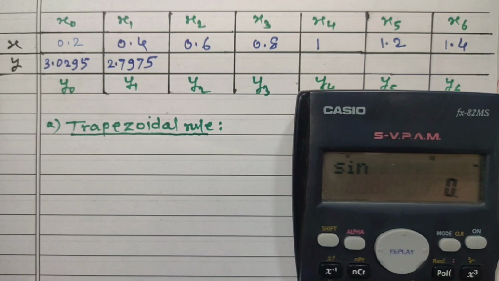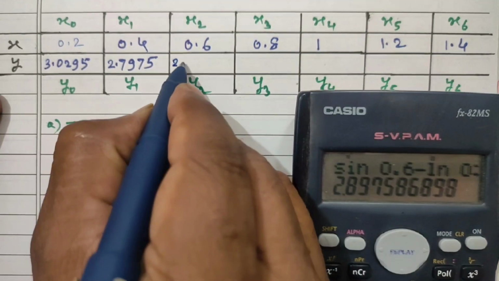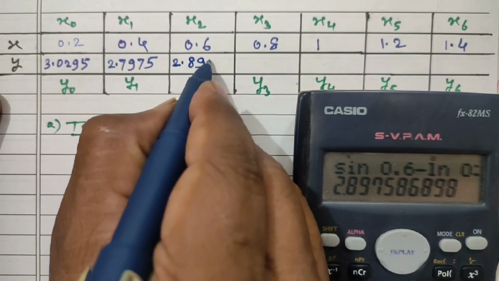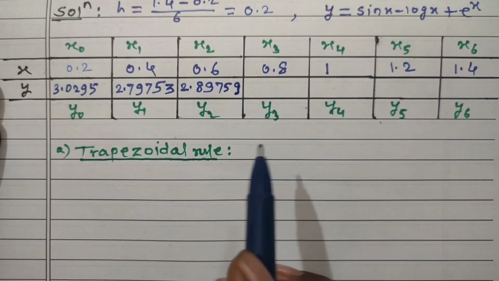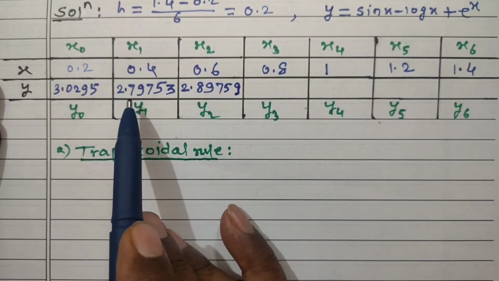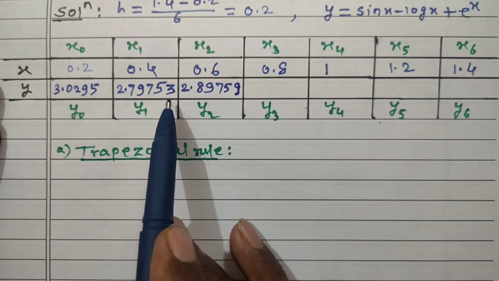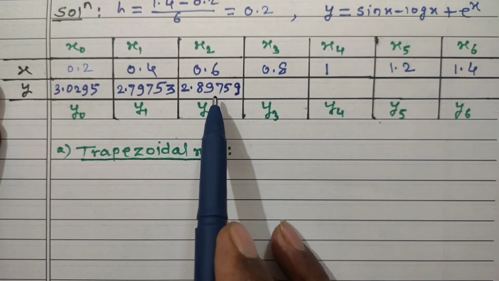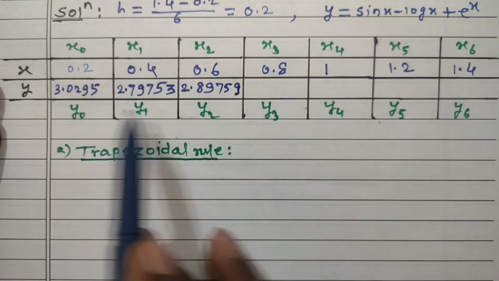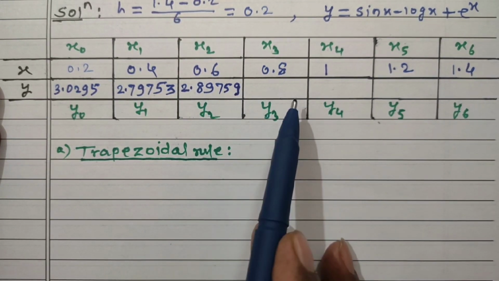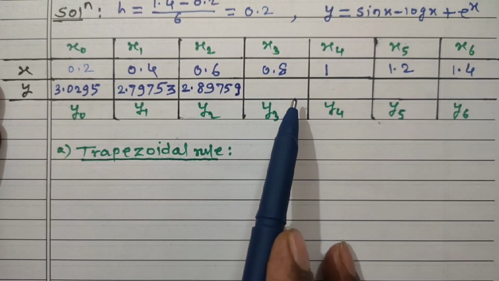Sine of 0.6 minus natural logarithm of 0.6 plus exponential, its power is 0.6, which is equal to 2.897. Taking 5 digits after the decimal point, y1 is 2.79753 and y2 is 2.89759. Similarly, you can obtain all the remaining values of y using the calculator.